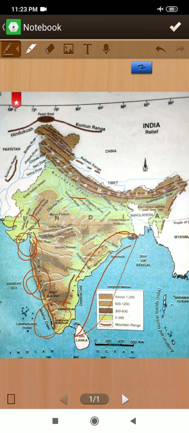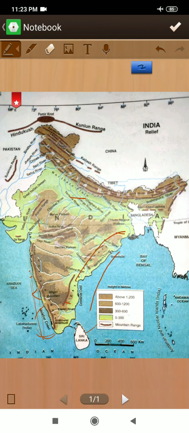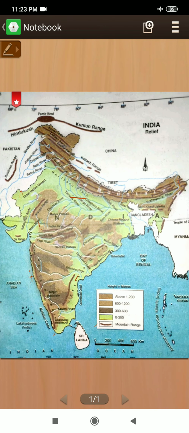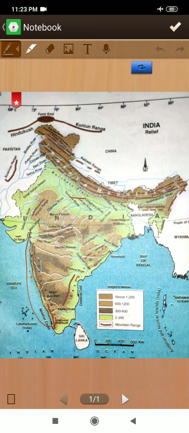Now if we talk about eastern coastal plains, the east coast plains are much broader than the west coast plains. Here you can see that the western coastal plains are very narrow, and in comparison the eastern coastal plains are broader.